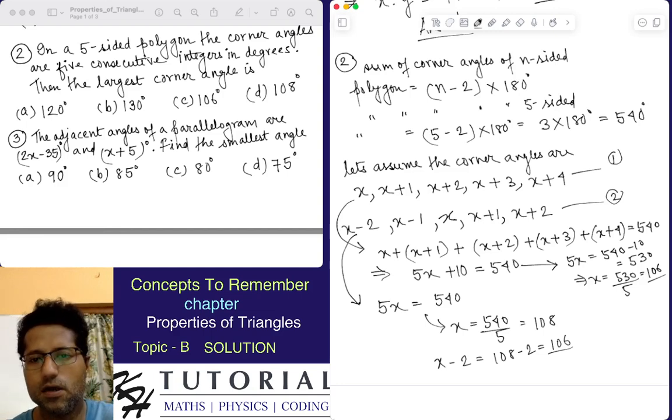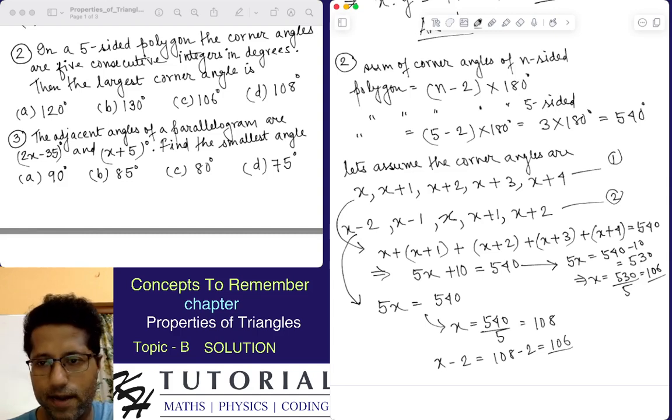So the idea was to assume the smallest angle as x, and then since the angles are consecutive integers, the consecutive angles will be x degree, x plus 1 degree, x plus 2 degree, x plus 3 degree, and x plus 4 degree.